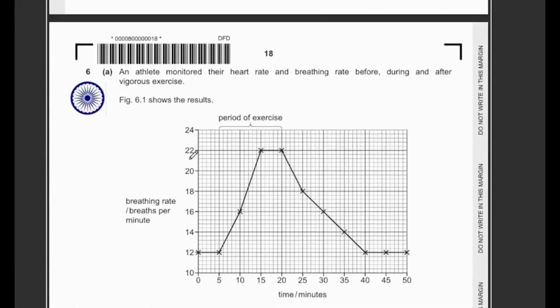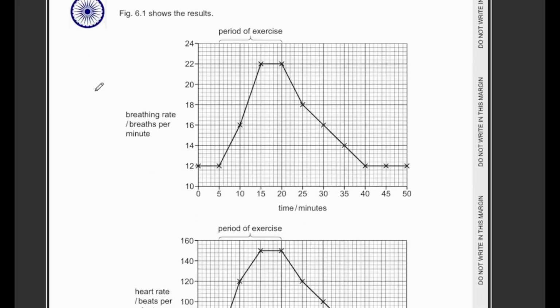Okay, moving to the last one. An athlete monitored their heart rate and breathing rate before, during, and after vigorous exercise. This is the graph: breathing rate versus time in minutes and period of exercise.